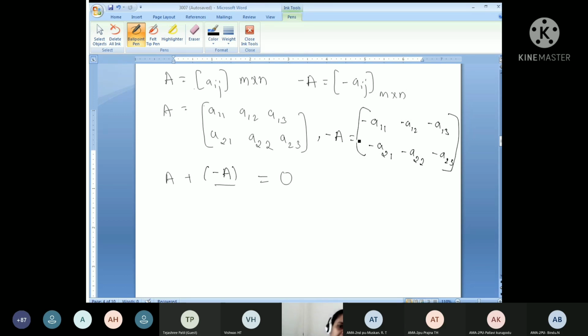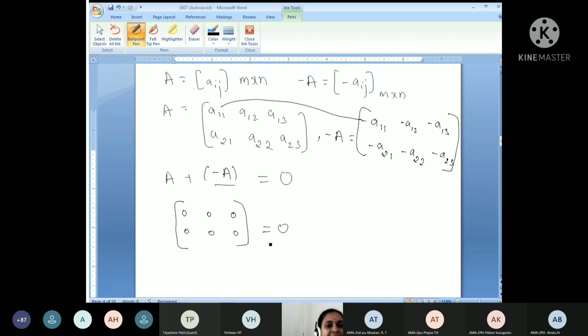Okay. If you add these two, what happens? Tell me. A11 minus A11 will be 0. A12 minus A12 is 0. A13 minus A13 is 0. Similarly, every element is going to become 0. So this is nothing but the zero matrix. So existence of additive inverse means what?